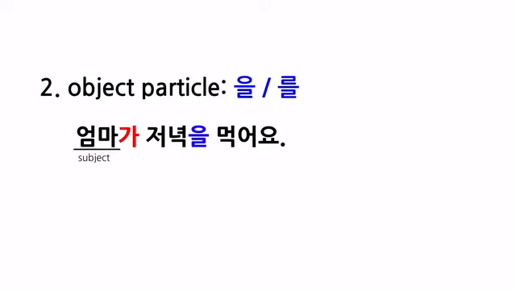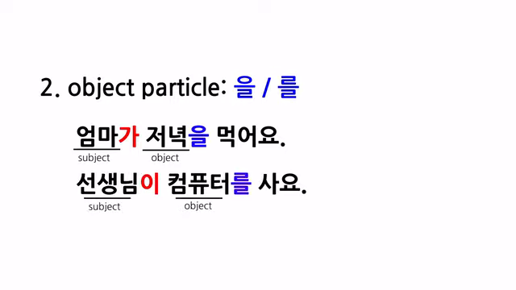엄마가 저녁을 먹어요. 선생님이 컴퓨터를 사요. As you see, in the first sentence, 저녁 is used as an object, and there is a final consonant in the last letter of the word 저녁. Therefore, the one that has 이응 is used.